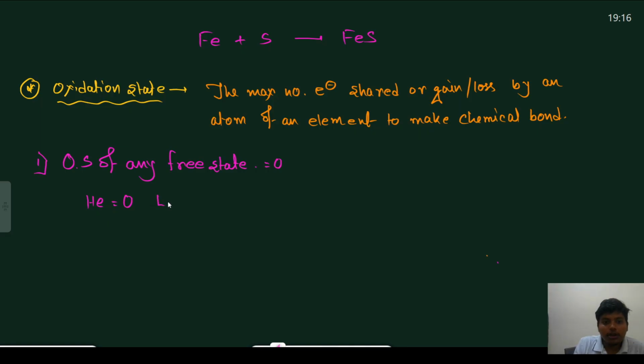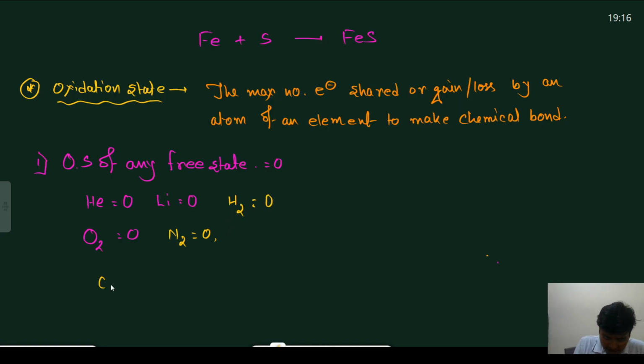Oxidation state of lithium, free state, 0. Oxidation state of oxygen in O2, also 0. Because what is the free state of oxygen? O2. So oxygen is 0. Similarly, N2 also 0. Similarly, hydrogen oxidation state in H2, 0.